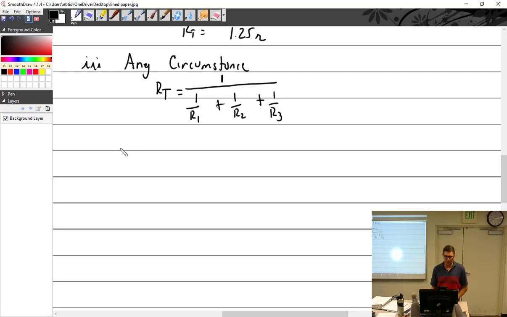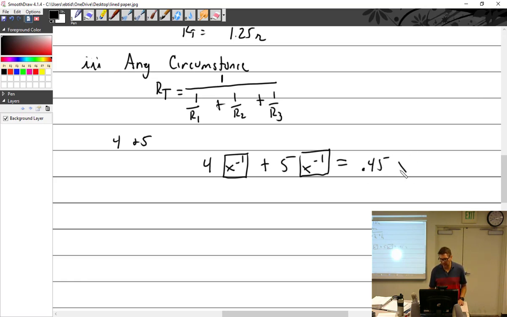Right, so for example, if we had a 4 and a 5 ohm resistor, like we had before, on your calculator, it is 4 x minus 1 plus 5 x minus 1 equals, and you're going to get a number: 0.45.